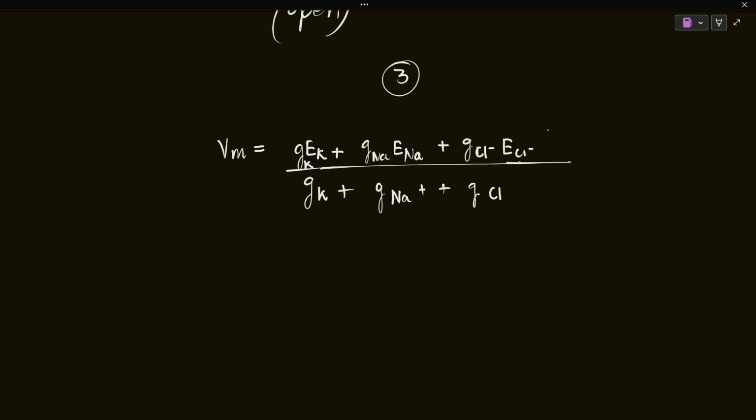So this is the general equation for a parallel conducting circuit. In this case, it is for a neuron which is at rest. This equation generalizes the Goldman equation into a conductance-based framework.